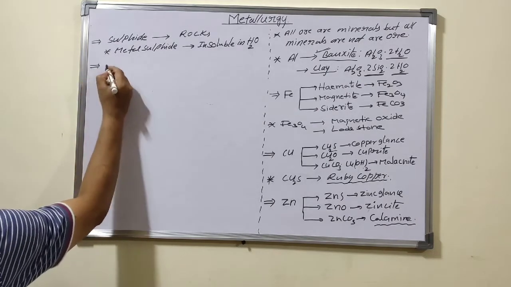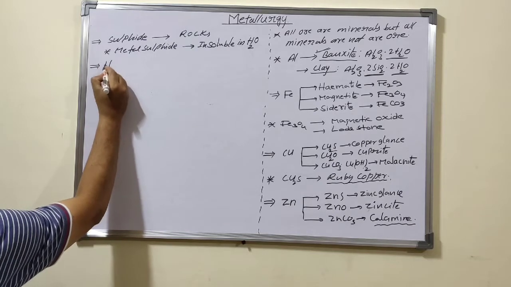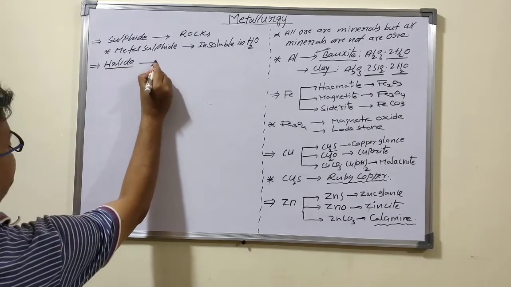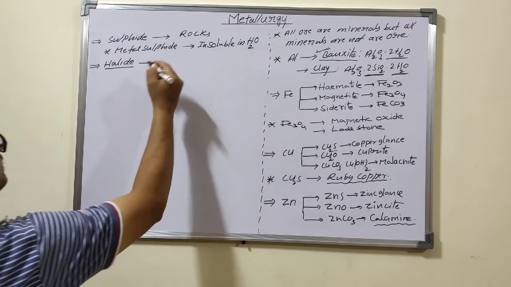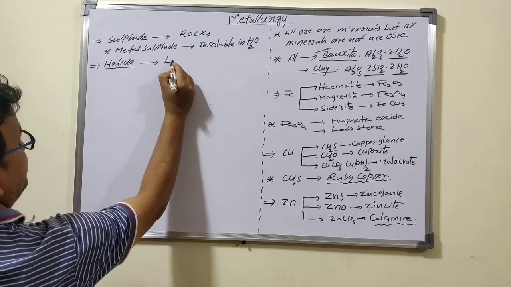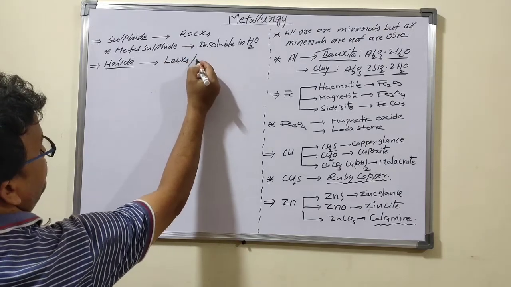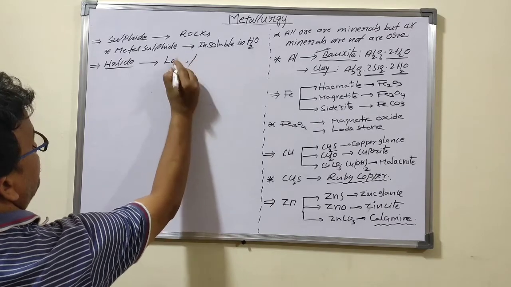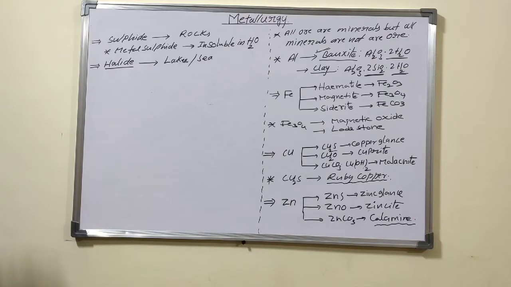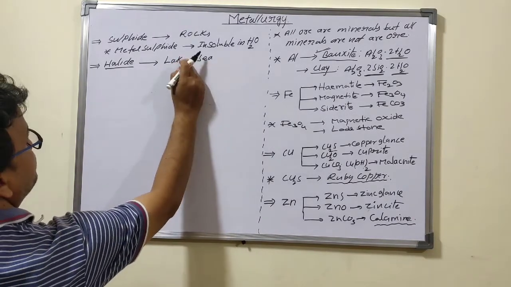And some we have in the form of halides, that is metal halides. These occur in lakes and in the sea. Why are these present in lakes and sea?